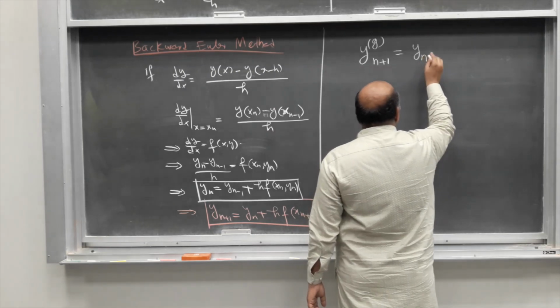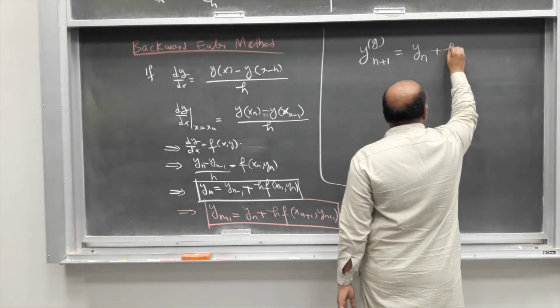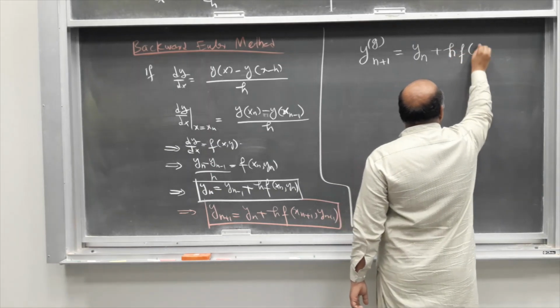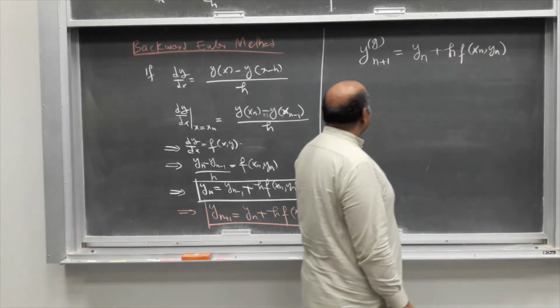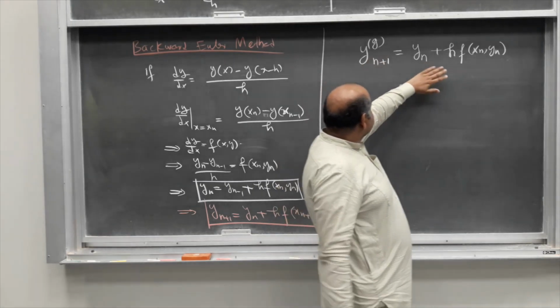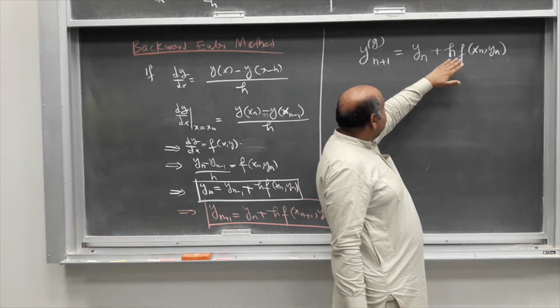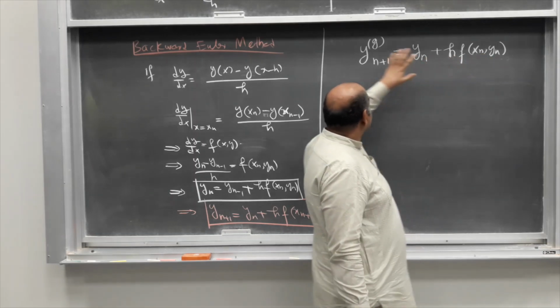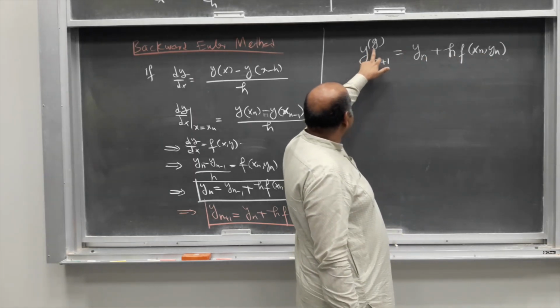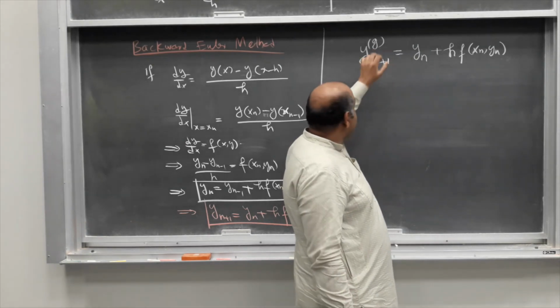It is yn plus h f(xn, yn). And now, because we know x and y at the previous point, we can put them here and compute the next y value, which I'm now calling the guess value.